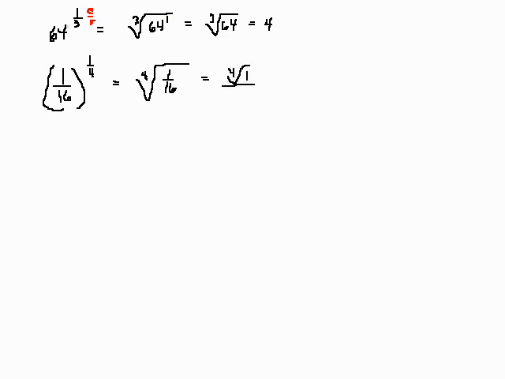I don't know how many of you like to do this, but we could certainly do it to simplify the process, and we would get 1/2. The 4th root of 1 is 1, the 4th root of 16 is 2. So they are going to play the ER game with everybody.